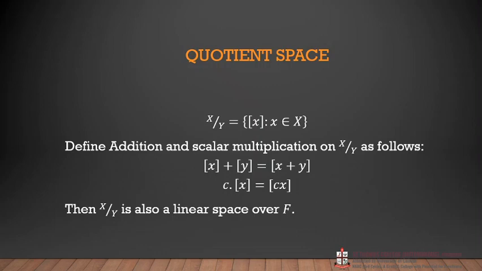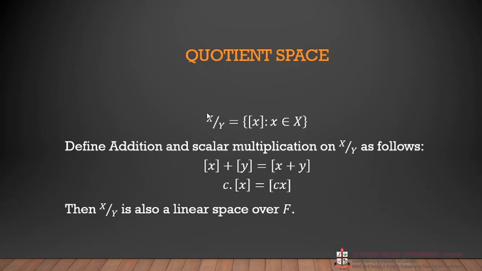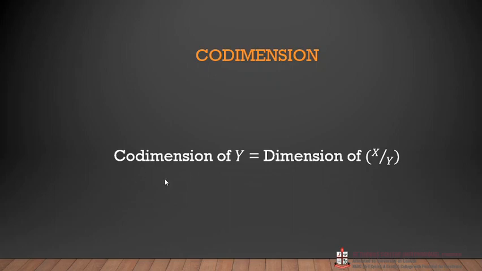That is our vector addition here. Suppose c is a scalar, then c times class x is equal to class of cx. Under these vector addition and scalar multiplication, X over Y is again a linear space over F. And since this X over Y is a linear space, it will have a dimension. That dimension is known as codimension of Y.